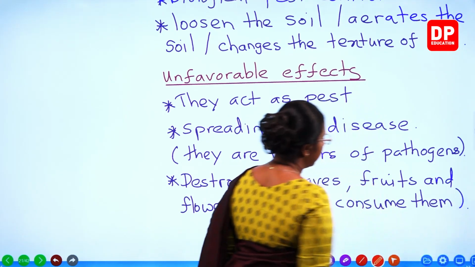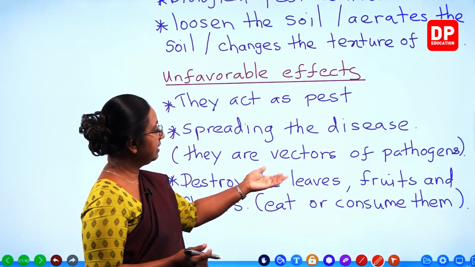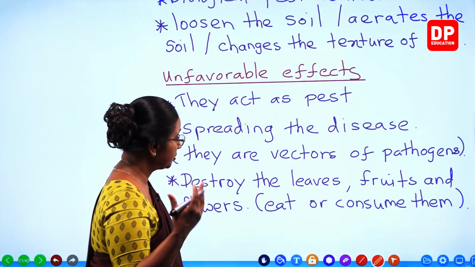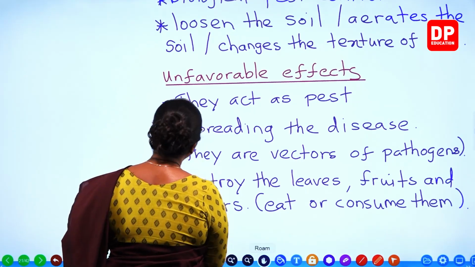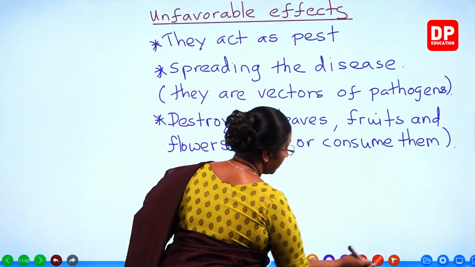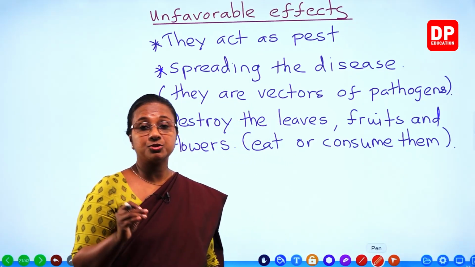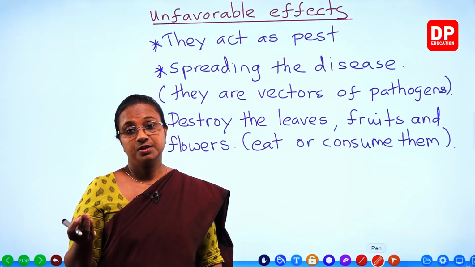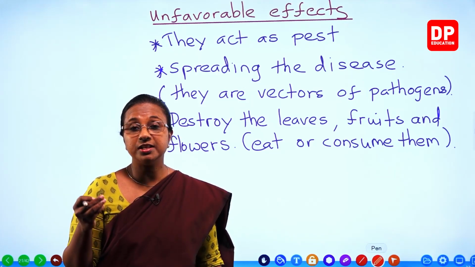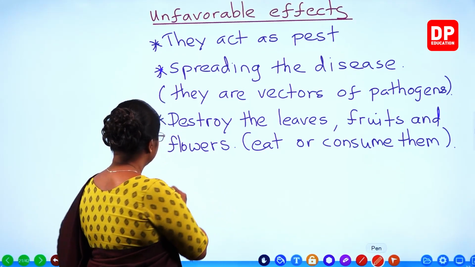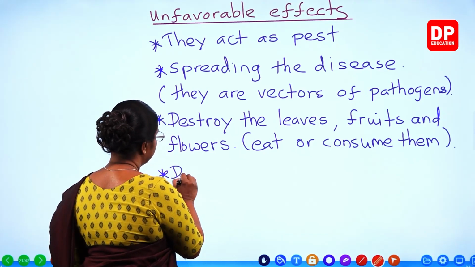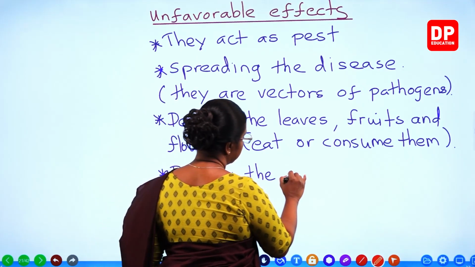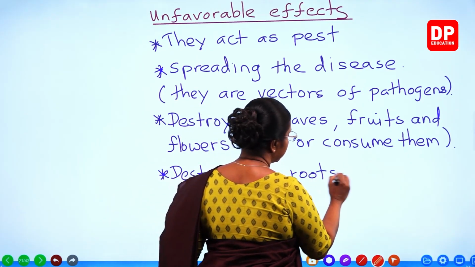So you can say they feed on leaves, fruits and flowers. Because of that, they destroy the leaves, fruits and flowers. And another thing, some of these insects actually feed on the roots of crops. So because of that, they destroy the roots of crops.